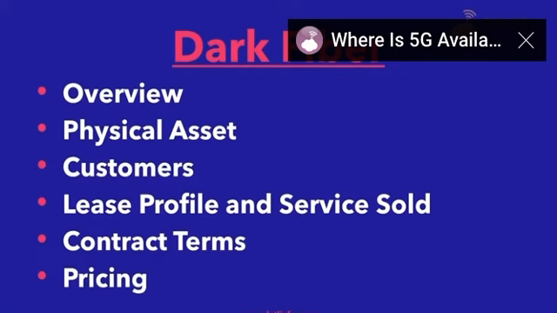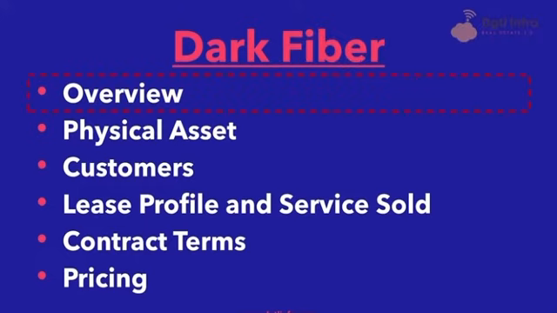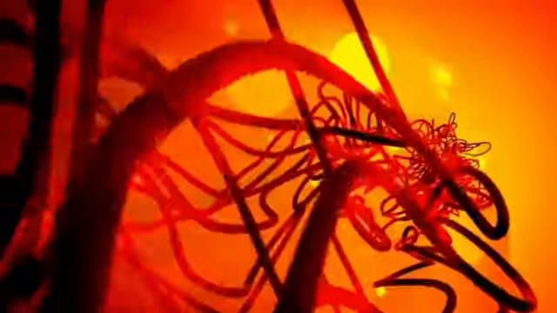So first is dark fiber, which is also known as wholesale fiber. Dark fiber leases individual fiber optic cable strands and provides dedicated high-bandwidth fixed network capacity, but it does not provide any communications services across the fiber, meaning that there are no modulating electronics or optronics equipment.